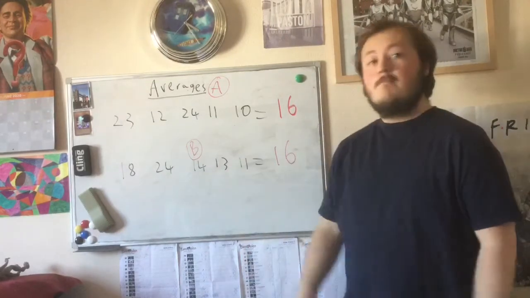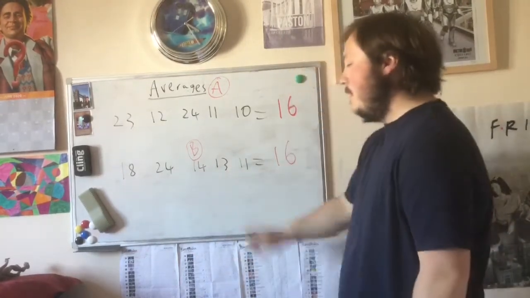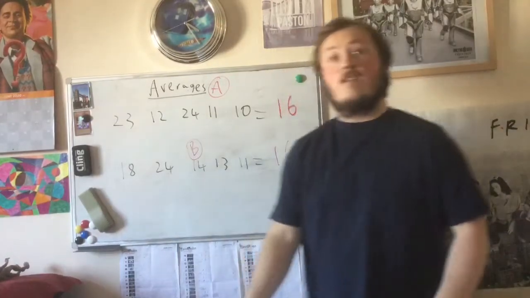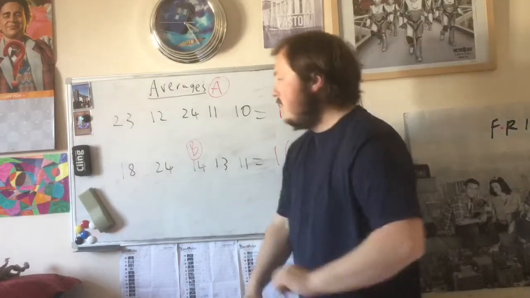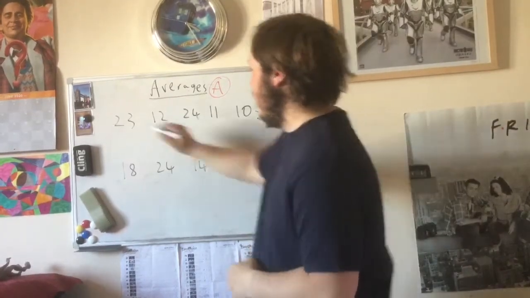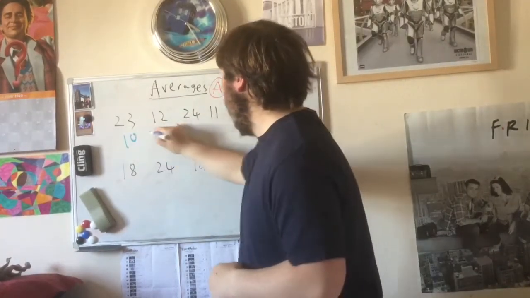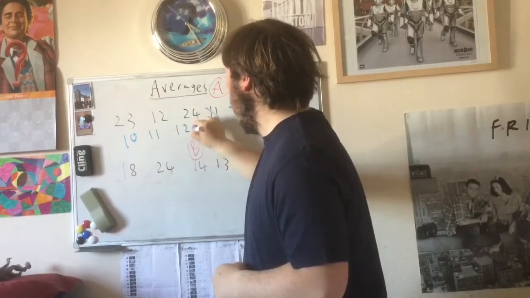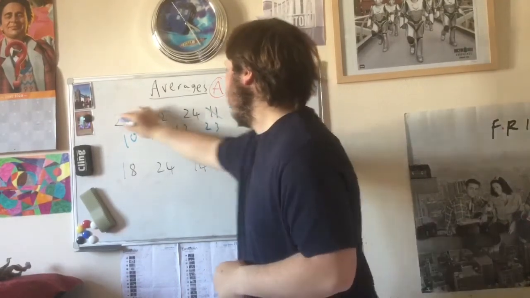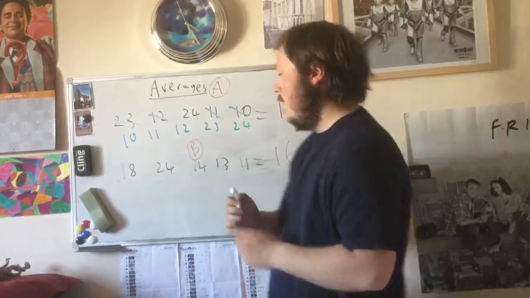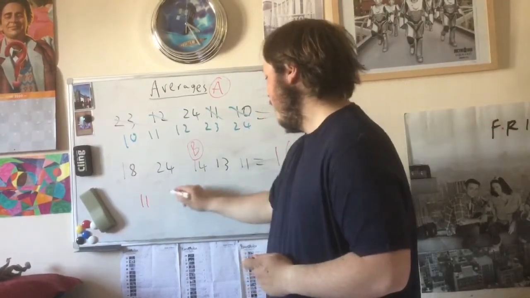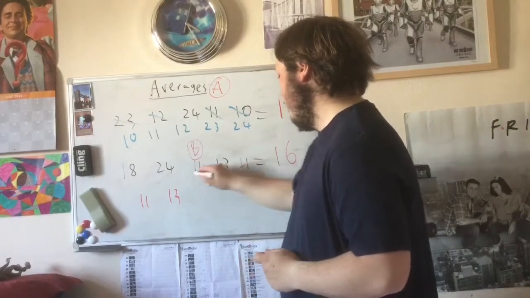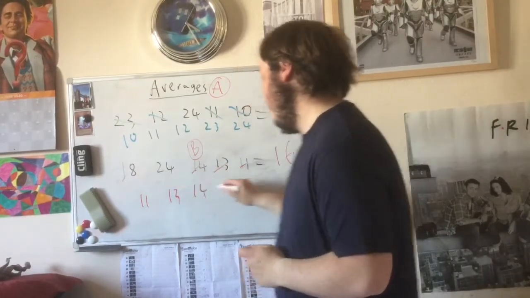Well, we can't do the mode because there isn't a mode here, there isn't a mode here. So we're going to have to use the median. So let's order school A. So it goes 10, 11, 12, 23 and 24. And in school B's ones, we go from 11, 13, 14, 18, 24.